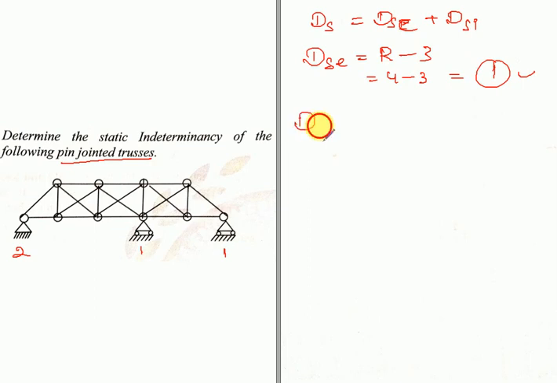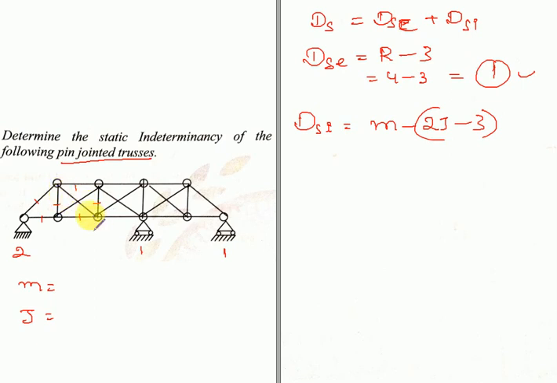Then we need to find the value of Dsi, whose formula is m minus (2j minus 3). Since the given structure is not 3D, it is a pin jointed plane frame, a 2D structure, so m minus (2j minus 3). Now we need to find the number of members and the number of joints. The number of members is 1, 2, 3, 4, 5, 6.